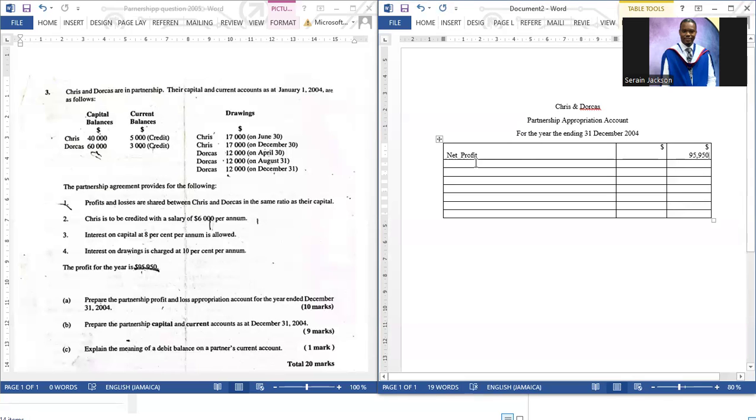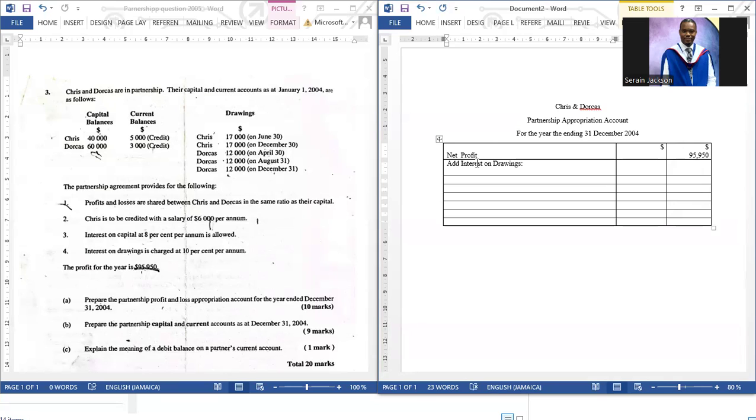And then the next thing that we need to do is add interest on drawings. So we're adding in the interest on drawings for Chris and Dorcas.